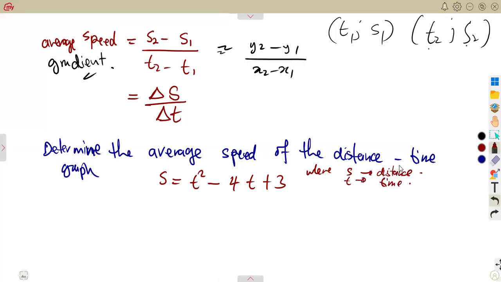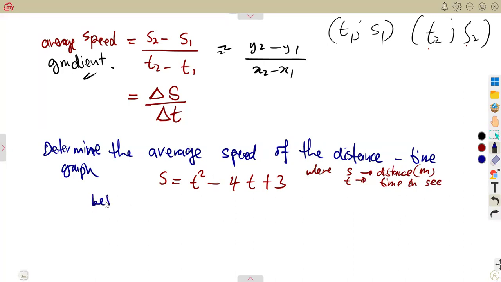So you can also be given time in seconds and distance in meters. They can give you that, which is fine. All right. So what is important is that to determine the average speed of this distance time graph that we are given, we must have the corresponding times.